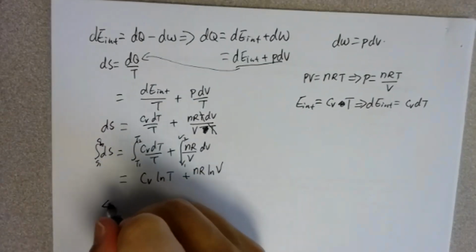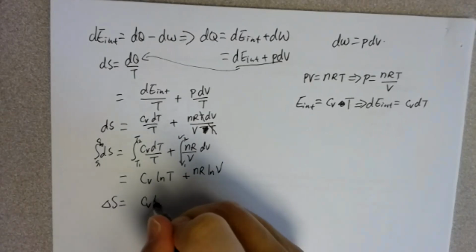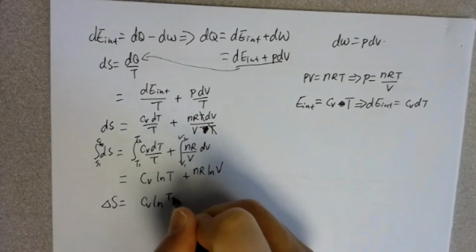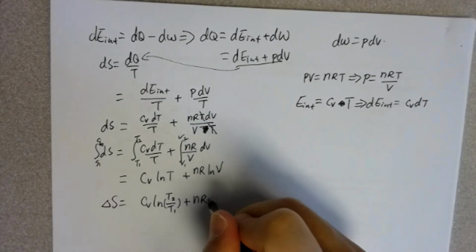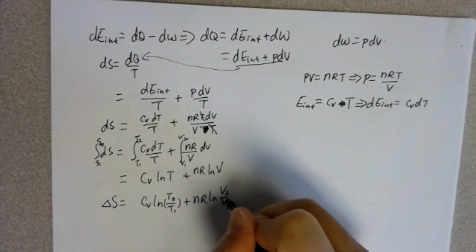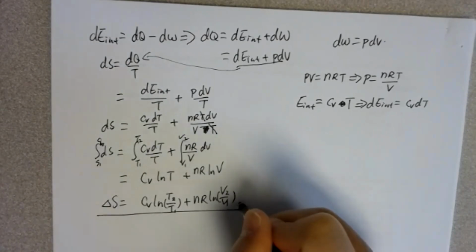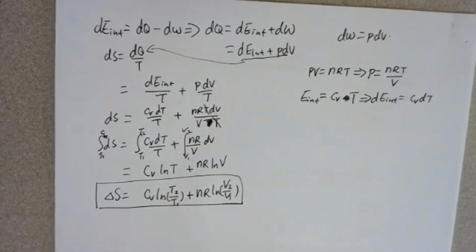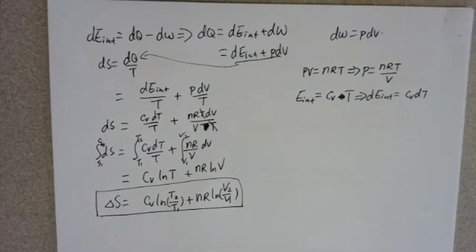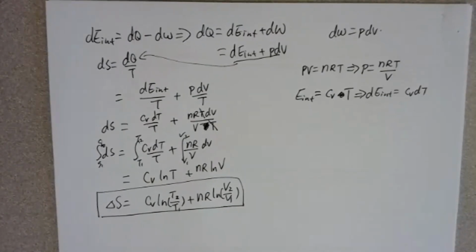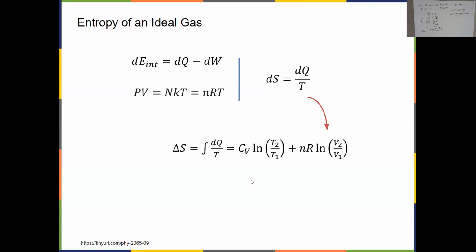So then at the end, delta S should be equal to CV ln of T2 over T1, final over initial, plus nR ln of V2 over V1, final over initial. Okay. And that's what the slide says.